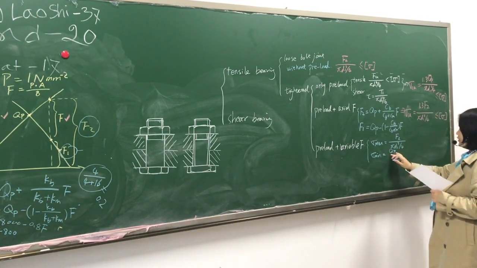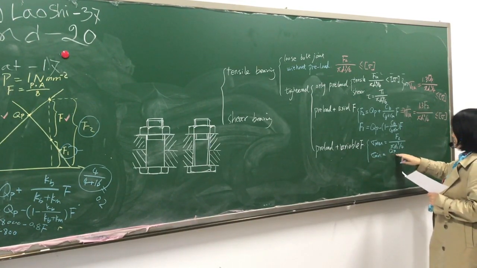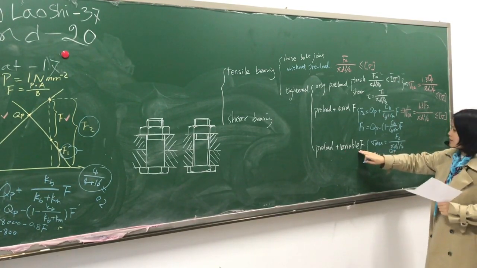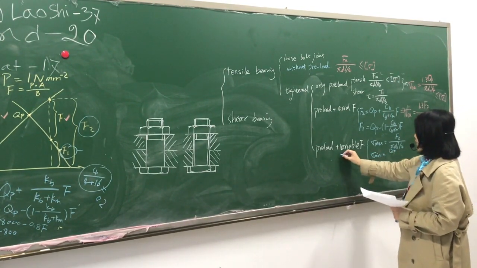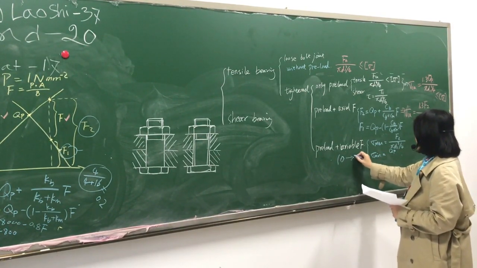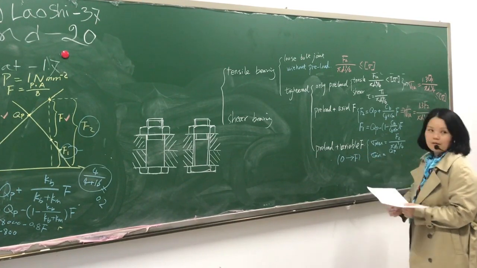QP is the preload. Then in this condition, the variable force is 0. The variable force varies from 0 to F.